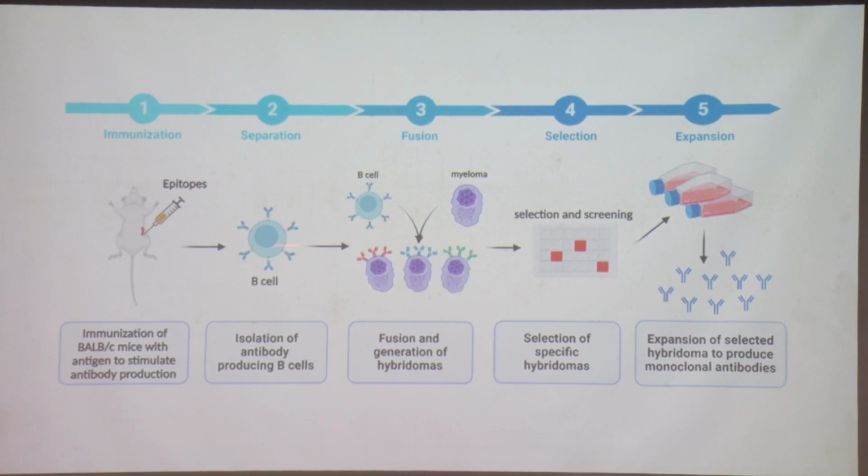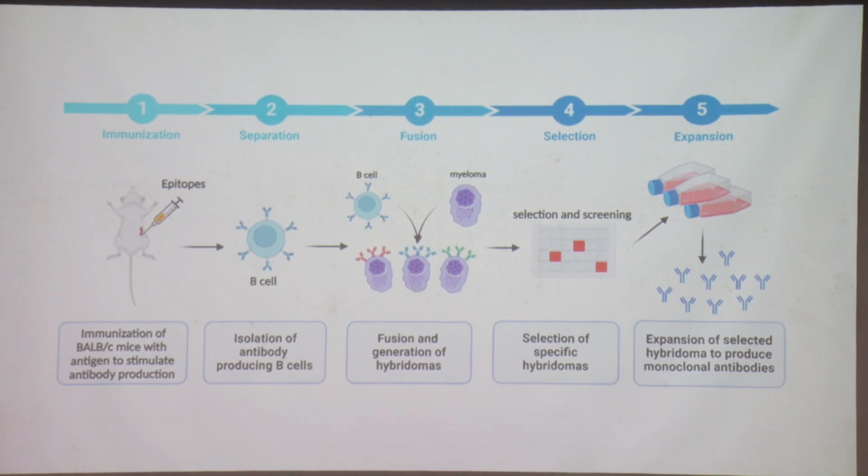So the antibodies are produced, you isolate them, and then you can directly use them, or you can make a cell line out of that antibody. You can fuse it to myeloma, and you can then make cells which will always produce antibodies for you. You never have to go to the animal. But it is a long process.